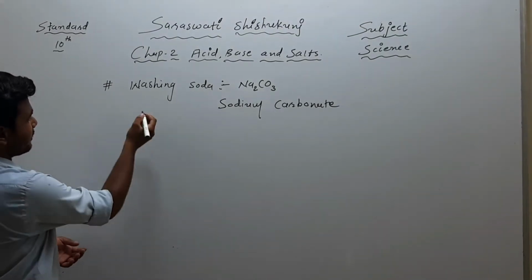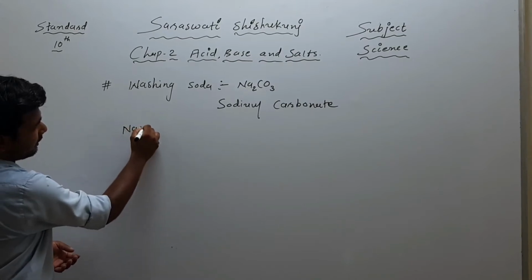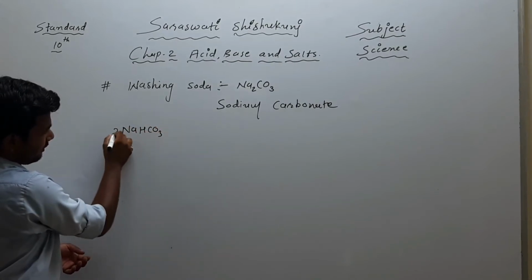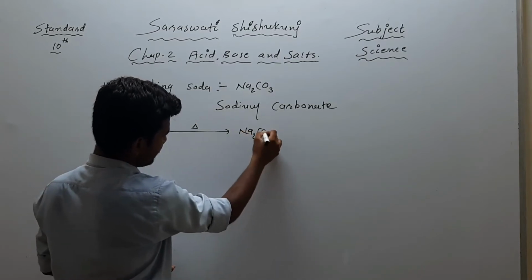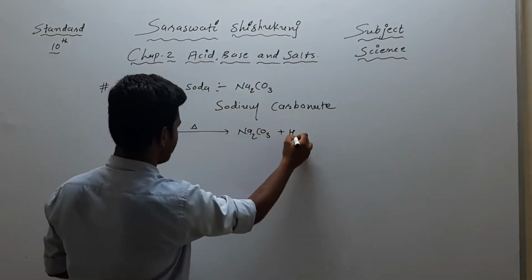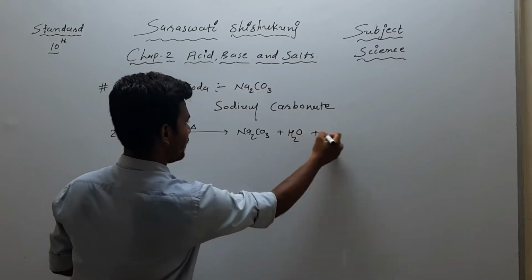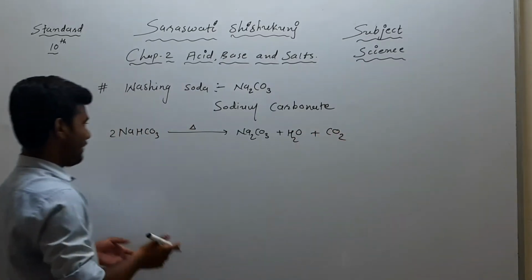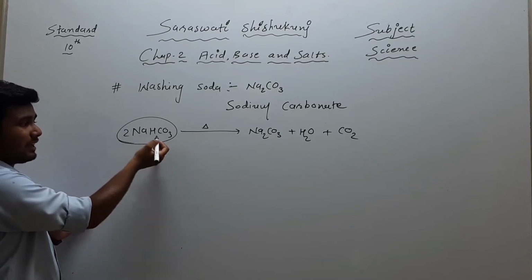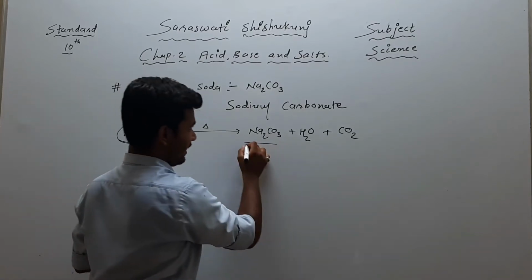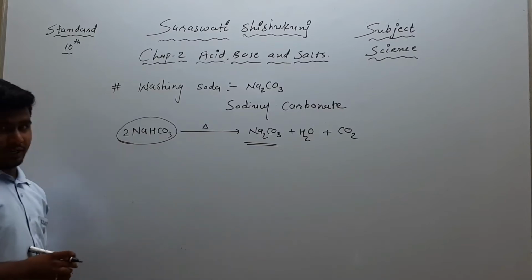Generally we know that by heating sodium bicarbonate, as we have studied there, we get Na2CO3 plus H2O plus CO2. By heating sodium bicarbonate, or baking soda, we are getting sodium carbonate.